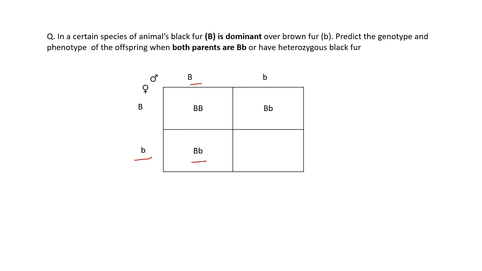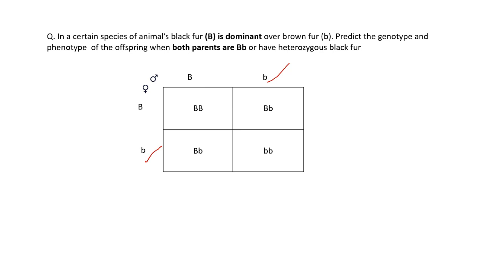It is the standard procedure. We first write the dominant feature, so it is capital B and small b. Next is small b, because this is small b, this is small b, so you have to make the cross like this and this product, this and this product, this and this product, this and this product.